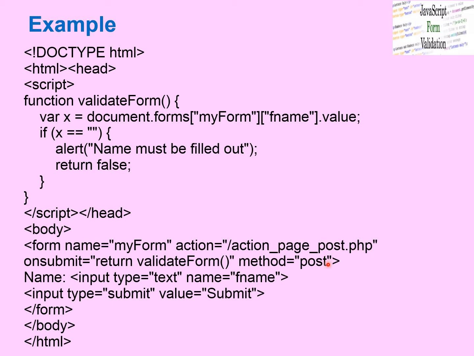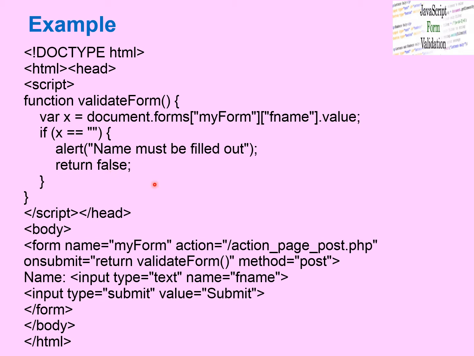If the user inputs nothing, or no value is inputted in the corresponding text field, and simply clicks the submit button, the validate form function will work. Then the script tries to access the data from the fname. If the fname has a null value, that null value is stored in X. If a null value is compared with a null value, it is true, so an alert box will be generated: Name must be filled out, and return false.